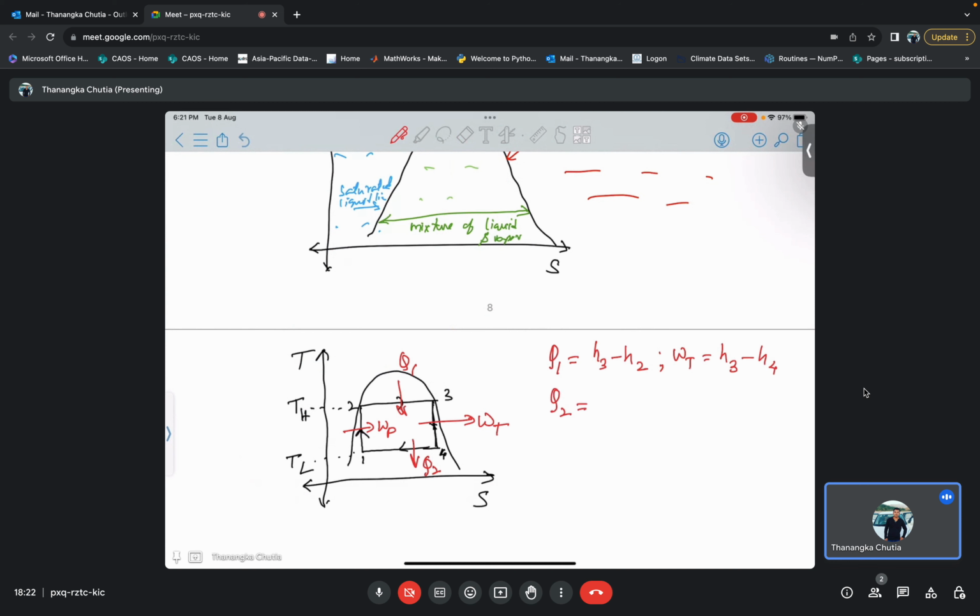Q2 will be H1 minus H4, just a negative sign will be there. And WP will be H2 minus H1. Okay, fine.